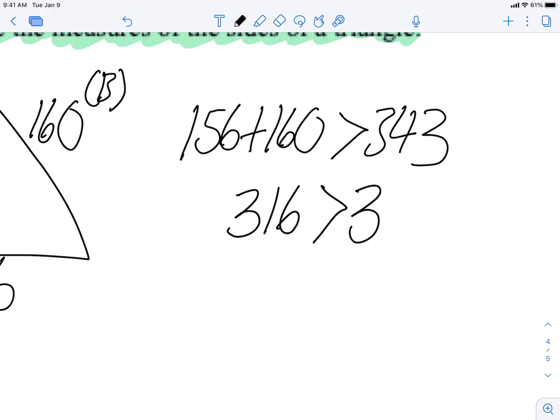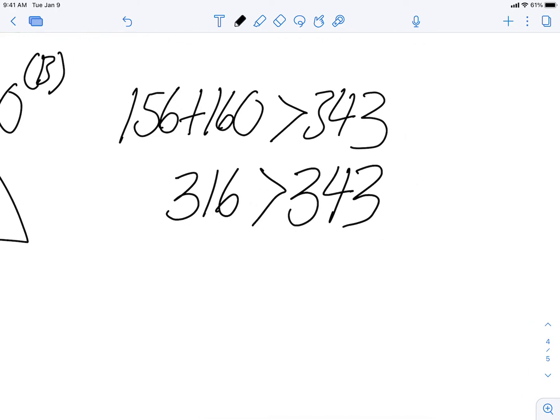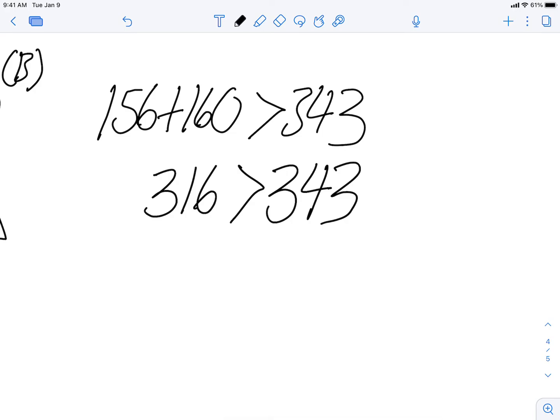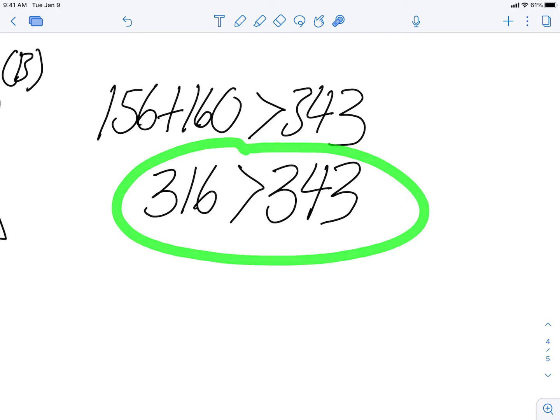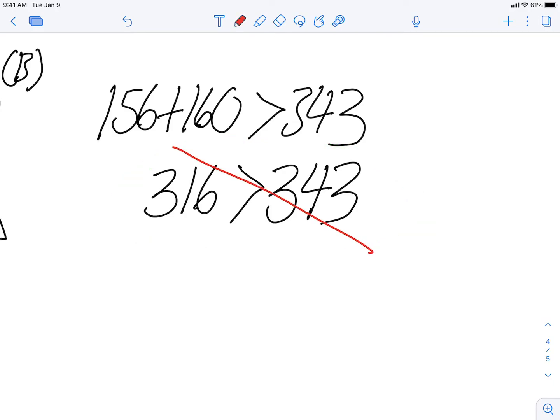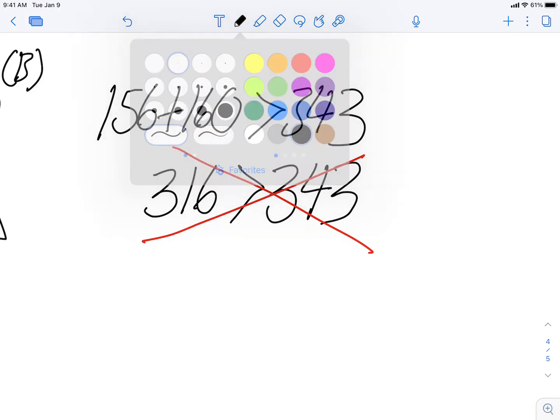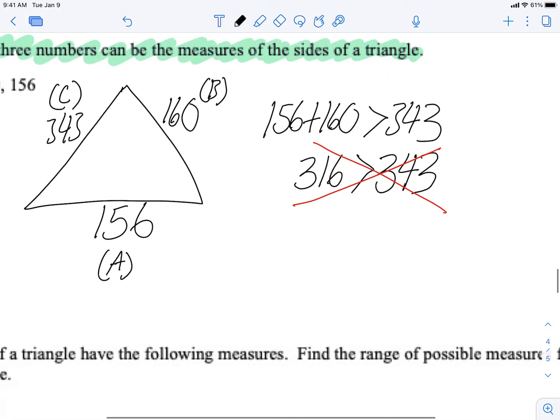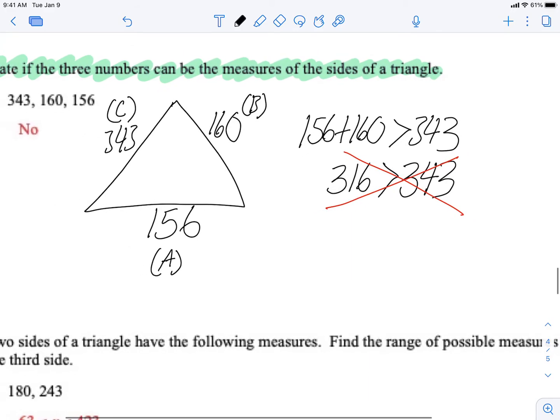Now ask yourself, is 316 greater than 343? Of course it's not. Again, is 316 greater than 343? No, it's not. So that means that automatically, everyone, this is not a triangle.